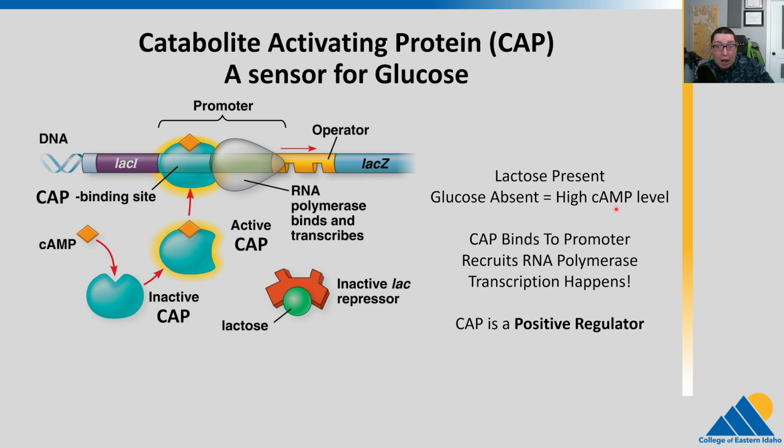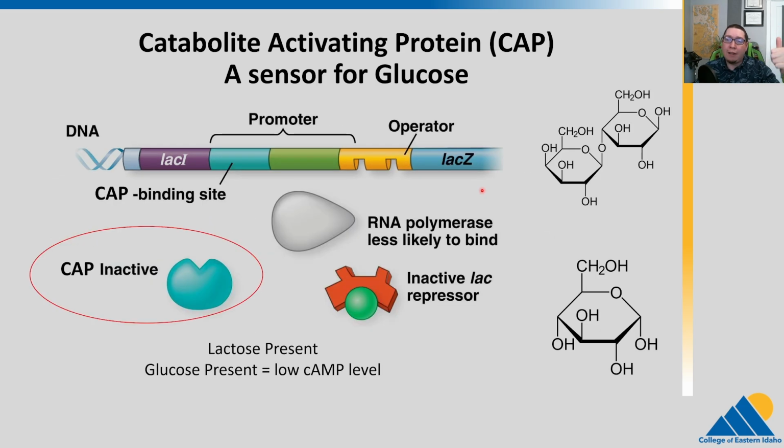So when high cAMP levels are around, that means glucose is absent, right? When glucose levels rise, like here, when glucose is present, we have low cyclic AMP levels. That means that the CAP is inactive. CAP doesn't bind and it doesn't recruit RNA polymerase. So this is sensing glucose in this.